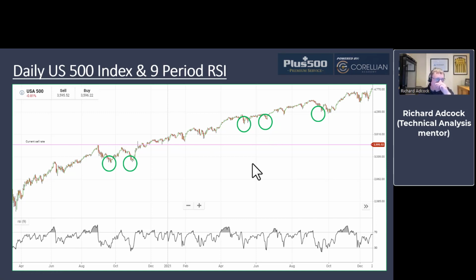So the way I would tend to use the RSI within this type of environment is if we start to see oversold readings being hit within a bullish trend, then that can be a very strong signal of a turning point within that positive trend and the risk to extend the bullish pattern of higher highs and higher lows.